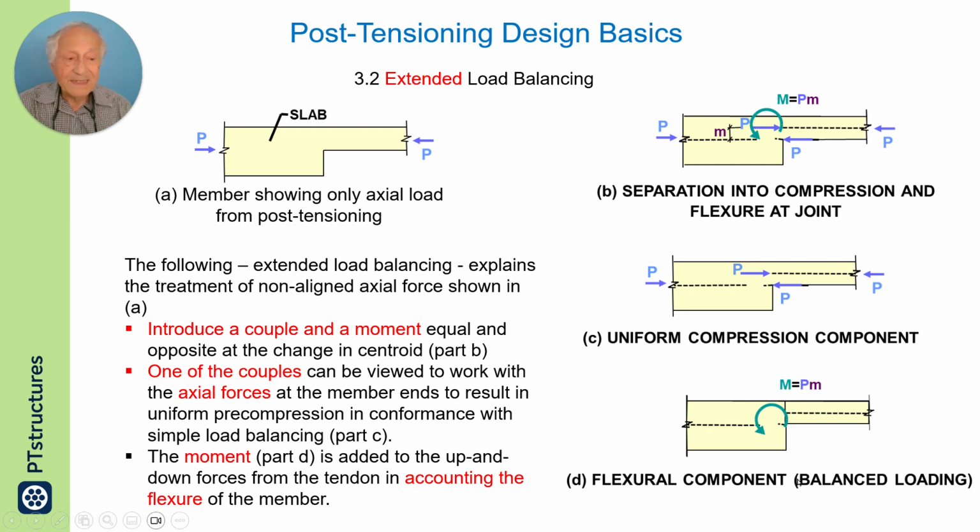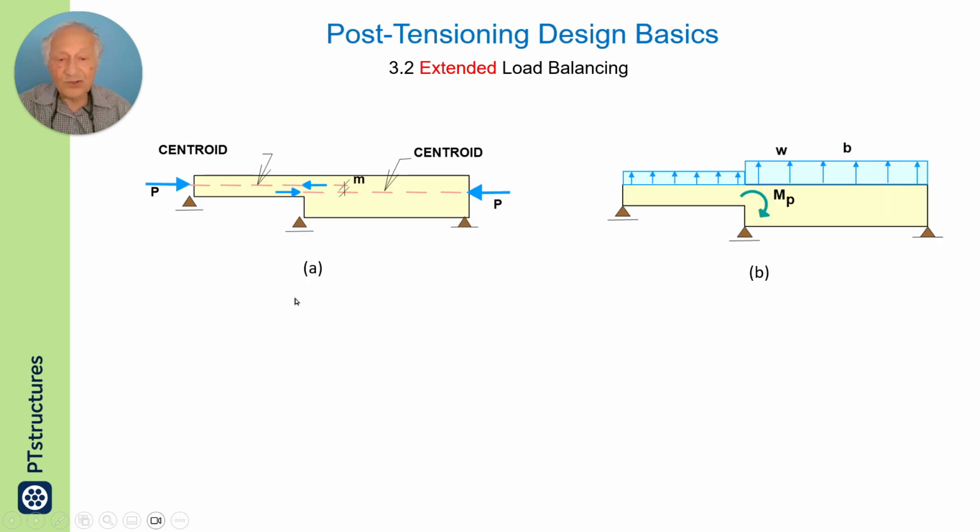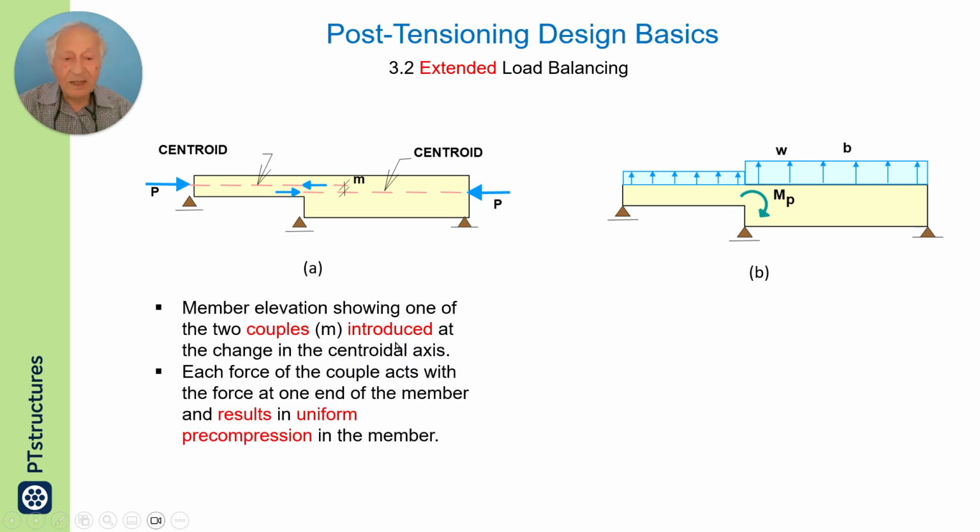So the premise of load balancing, that the bending is separated from axial, will be reestablished by introducing a couple at the location where there is a change in centroid. Here in these two images, I show you the couple on the left resulting in uniform precompression, and the same value of the couple added in the right for bending effects.